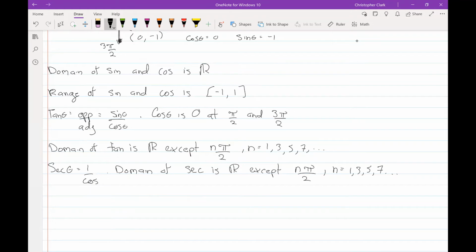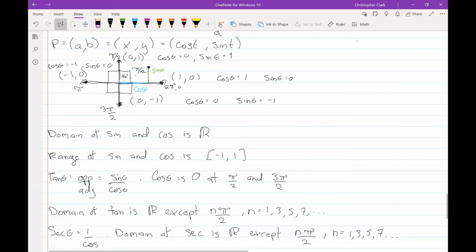Now, let's look at cotangent. So cotangent theta is equal to the adjacent over the opposite, which is equal to cosine theta over sine theta. So when is sine theta 0? Well, if we look over here, it's 0 at any multiple of pi, right? If we start at 0, sine is 0. If we go full pi across, we get sine of 0. If we go 2 pi, we're back at 0, 3 pi, 4 pi, so on and so forth, right?